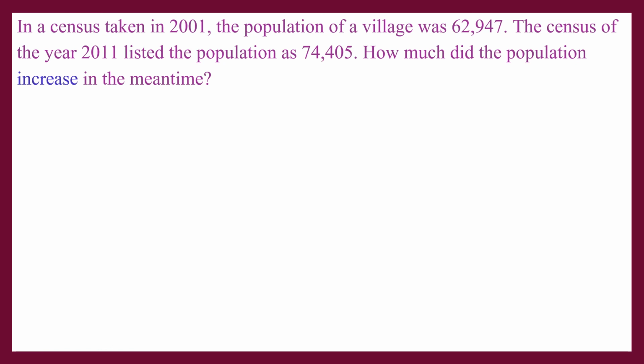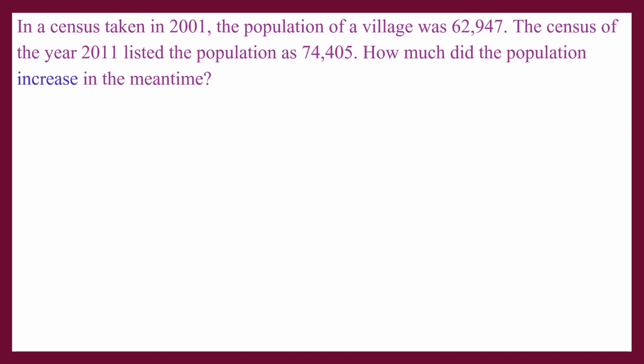In a census taken in 2001, the population of a village was 62,947. The census of the year 2011 listed the population as 74,405. How much did the population increase in the meantime?